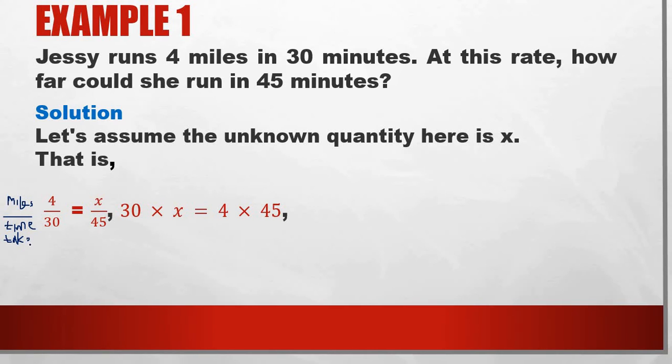Sorry, I'm taking the time. All good. So for the first information, 4 miles is 30 minutes. We don't know for now the miles that will give us 45 minutes.